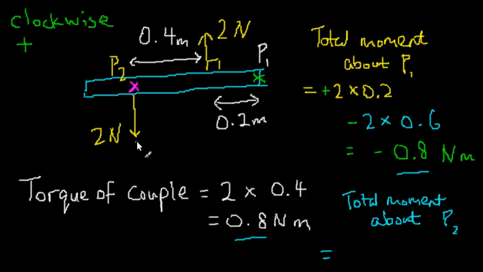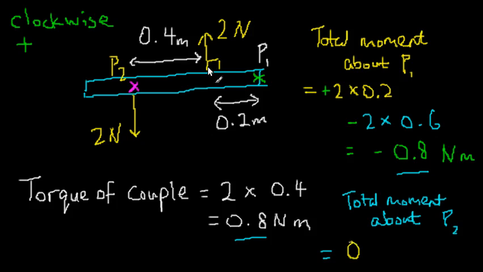What is its moment about P2? We know moment is force times perpendicular distance from the pivot to the line of action of the force. What is that distance in this case? The distance from this point to the line of action of this force, but this point lies on the line. So the distance is 0 in this case. So we have a force times 0, and that's my moment here, 0 for this force.